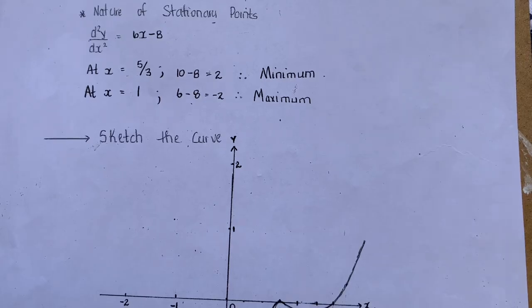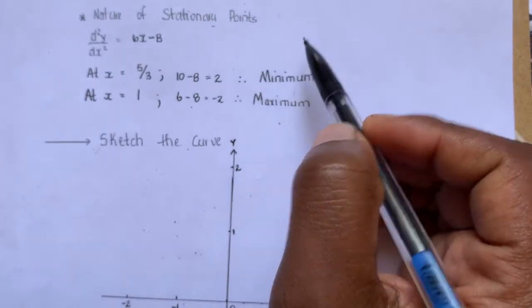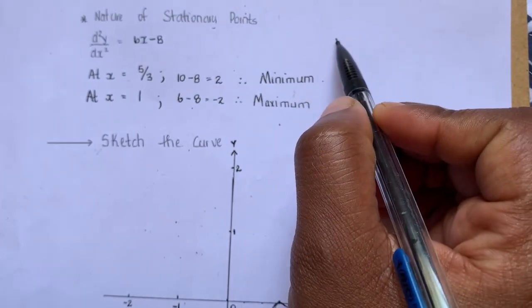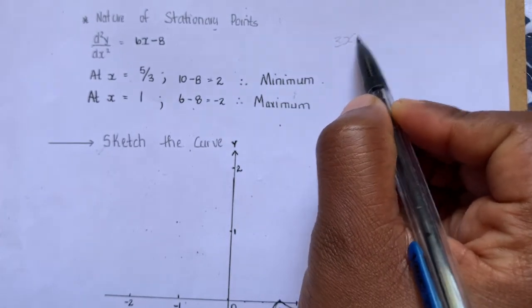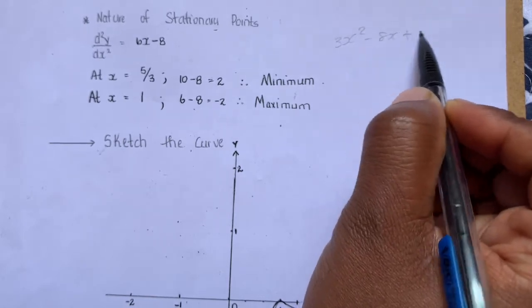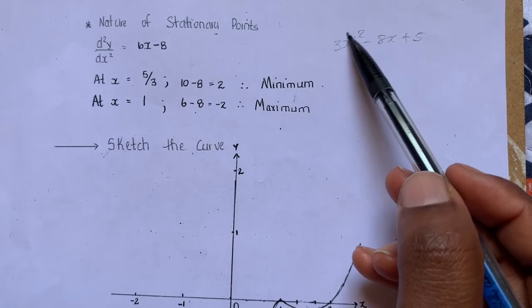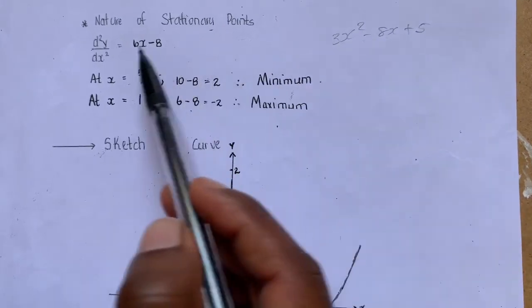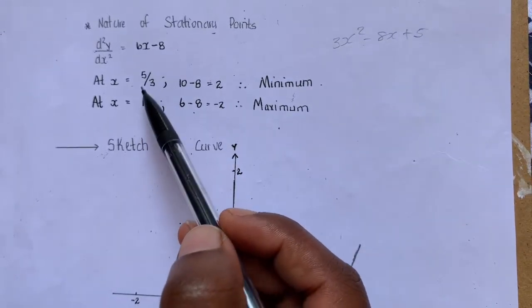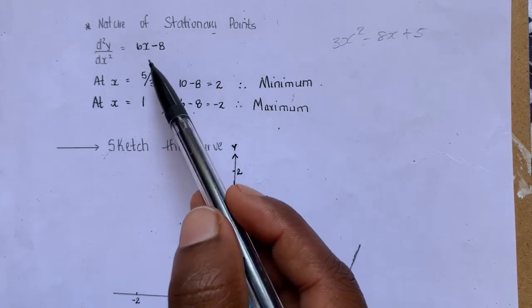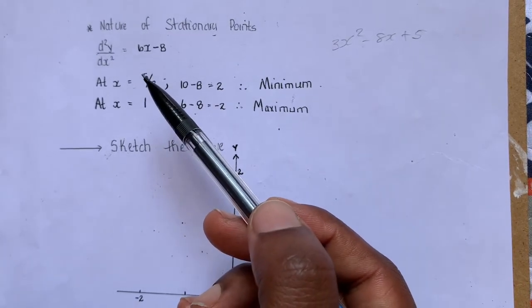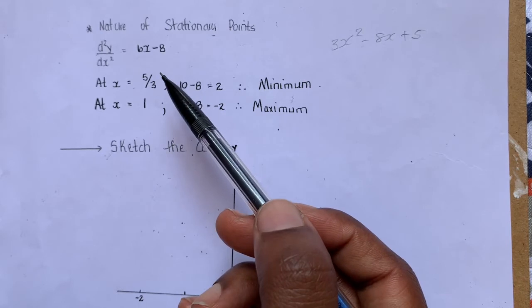Now we need to determine the nature. Recall that our first derivative was 3x squared minus 8x plus 5. So when we differentiate that, we'll get for our second derivative 6x minus 8. We'll then plug each x value into that function to see if we'll get a positive or a negative.